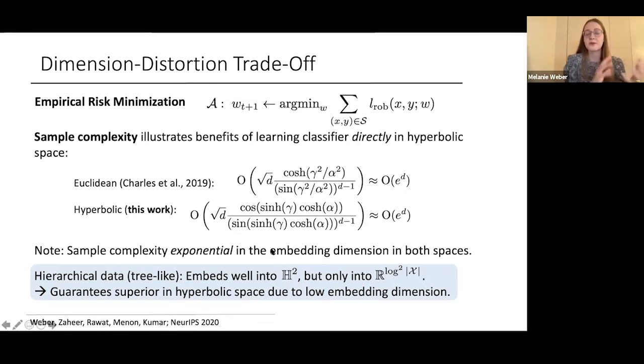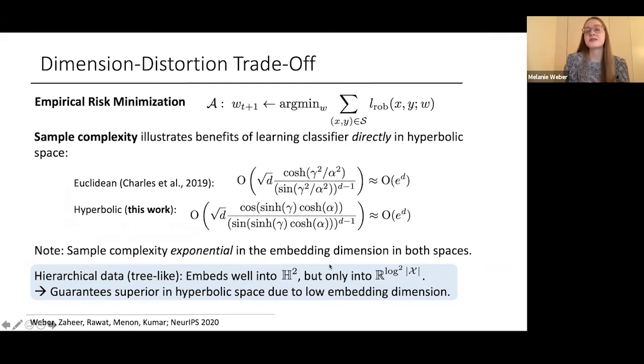So in particular, if we go back to our original motivation of representing hierarchical data, which looks like a tree, in Euclidean and hyperbolic spaces, and look a little bit more into the embedding literature, we find that trees embed very well with almost no distortion or representation error in hyperbolic space as low as dimension 2.